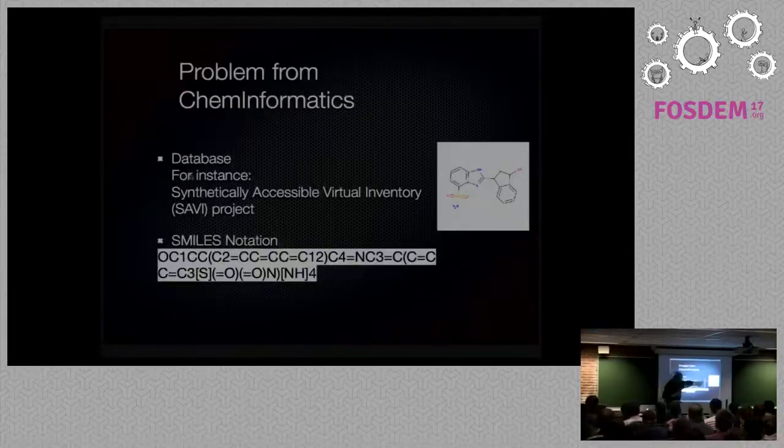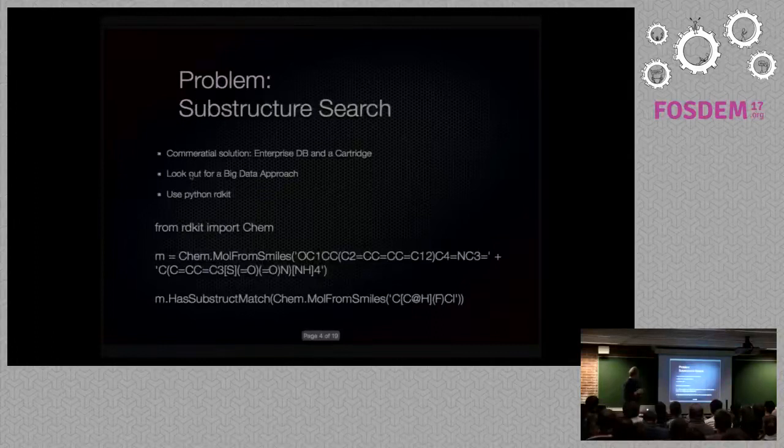That's a complicated notation for the chemical structure of a molecule. I didn't remember the name of this one; I just picked one randomly. The problem is to look for substructures in these molecules which can make you healthy or something like that. So that's not a new problem.